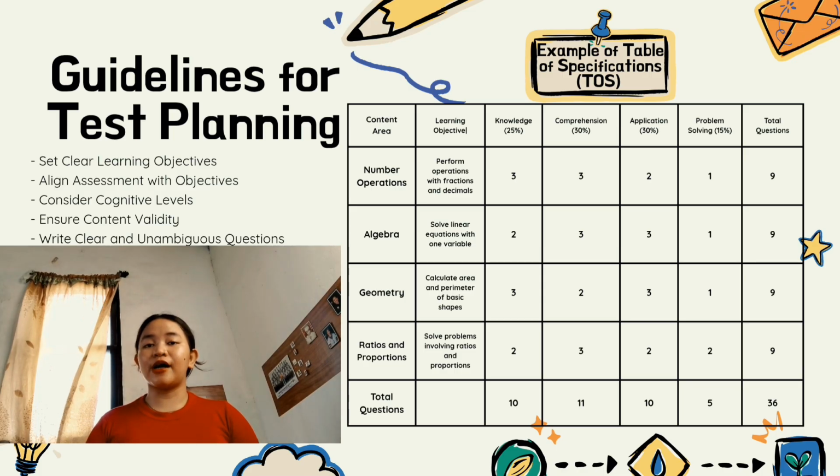Same for the other part. On algebra, we have 2 for knowledge, while the comprehension and application we have 3, while the problem solving we have 1. So the total is 9. So ito-total natin yan lahat, which is apat sila, 9, 9, 9, 9. It's the total of 36. And that's all.